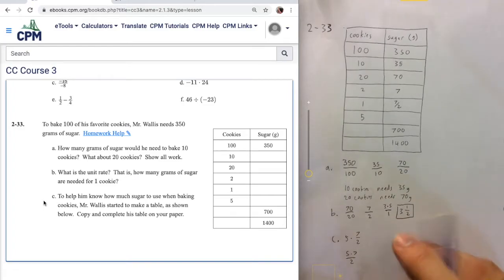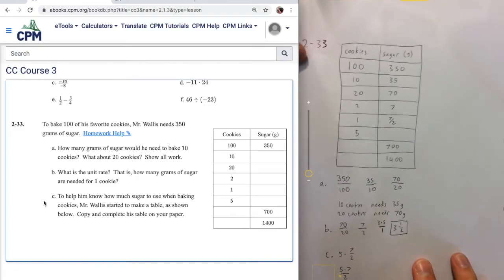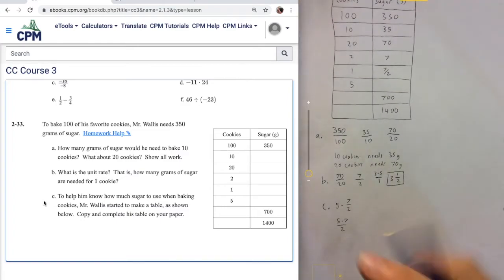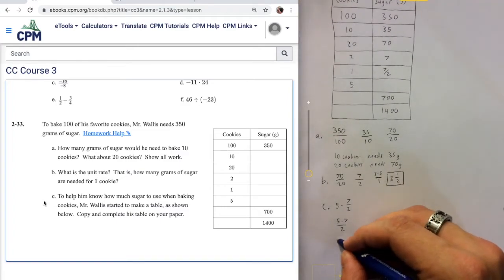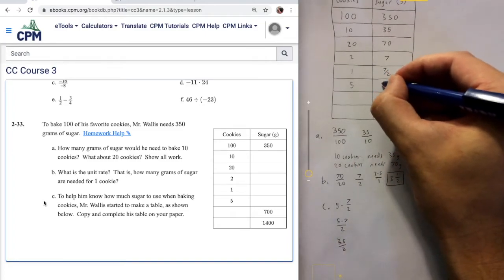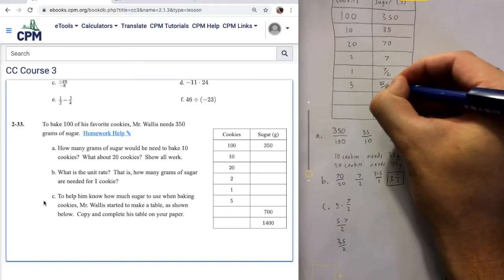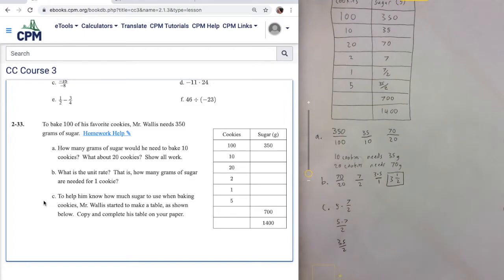Make sure there's a bit more space. Move this paper up. So that's going to be 35 over 2. And you can put that in as a proper fraction if you would like. It's going to be 17 1/2, I believe.